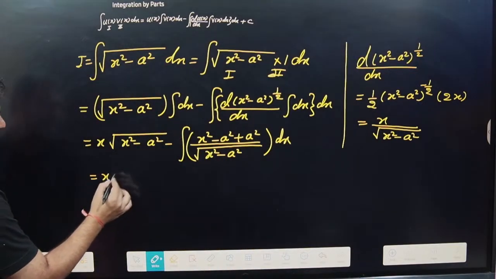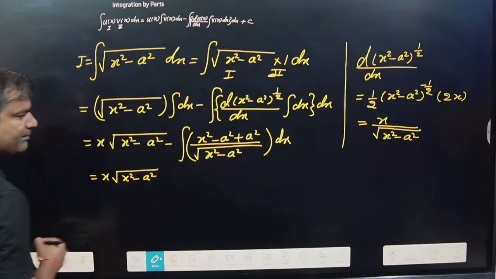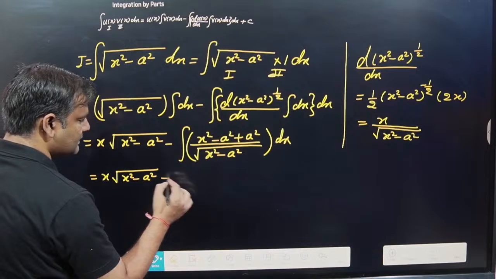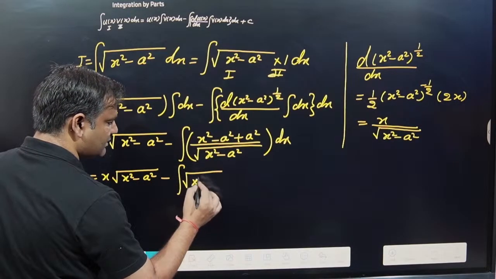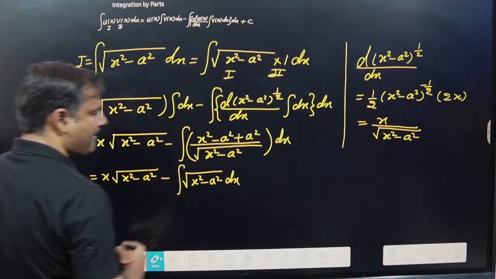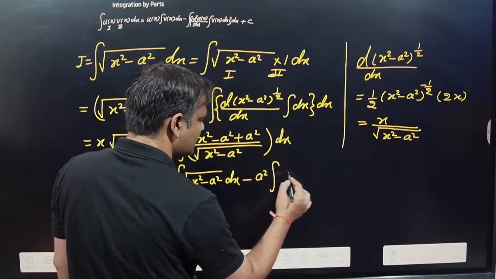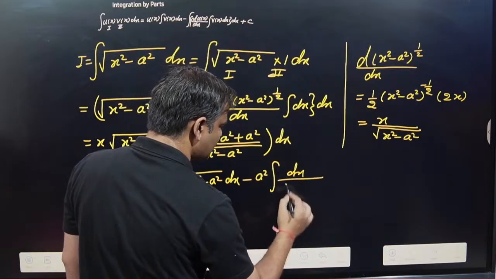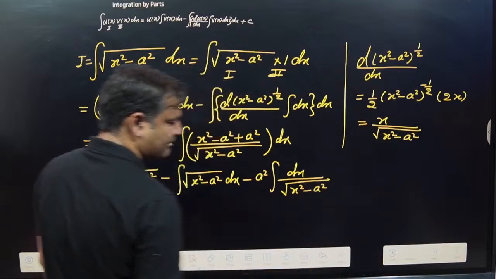So this one is written as x into x square minus a square minus a square dx divided by under root x square minus a square. Clear?